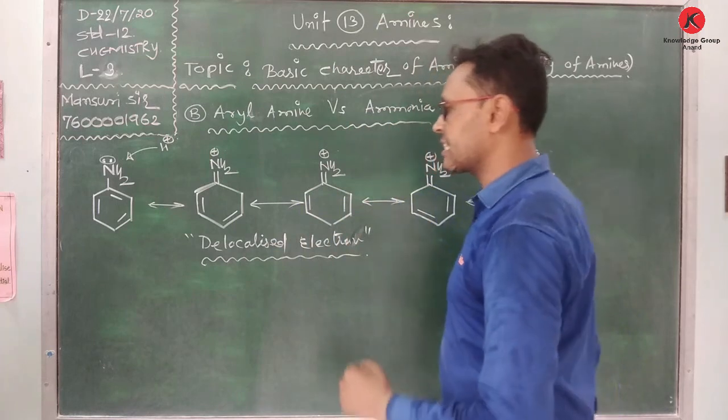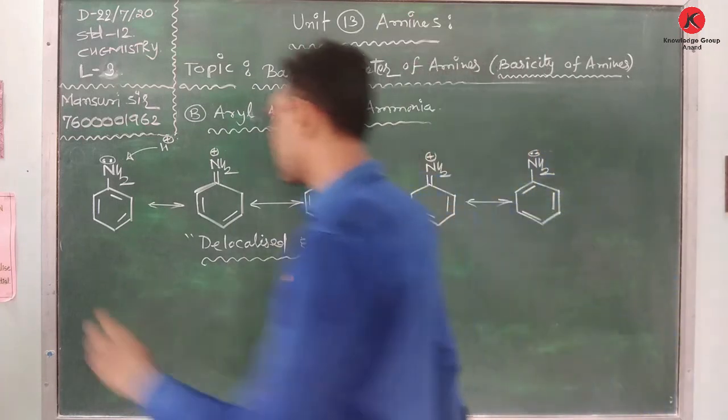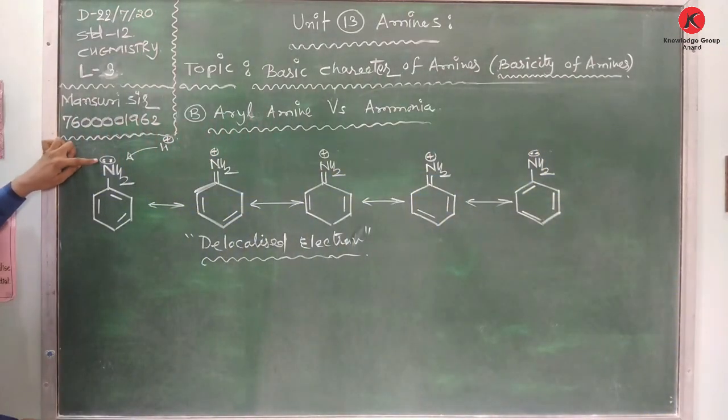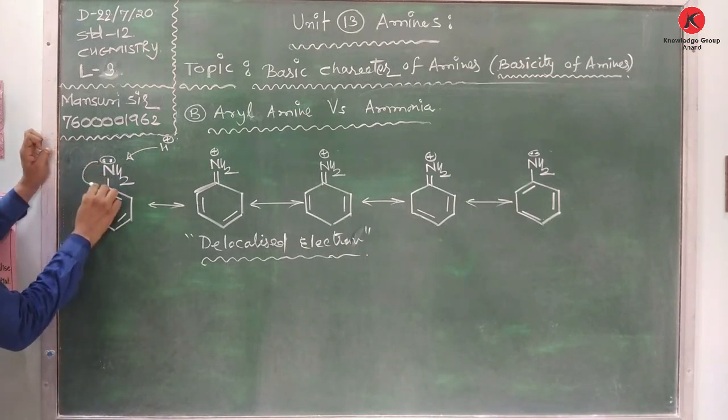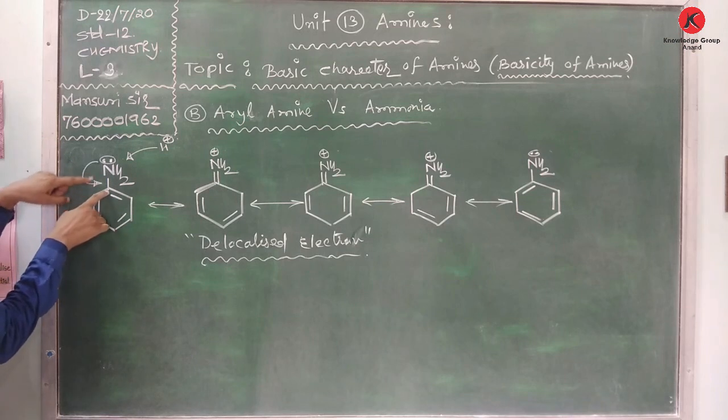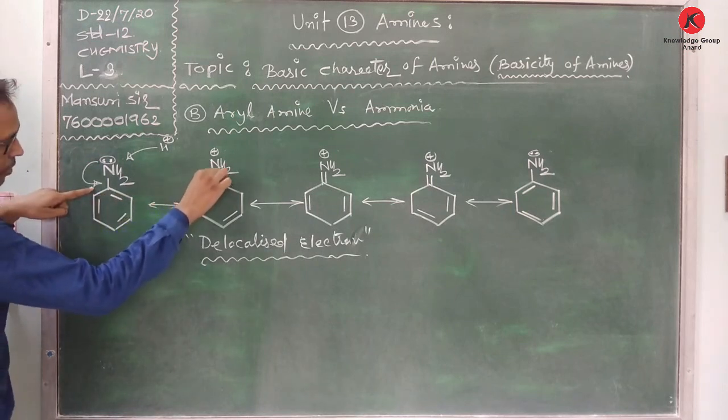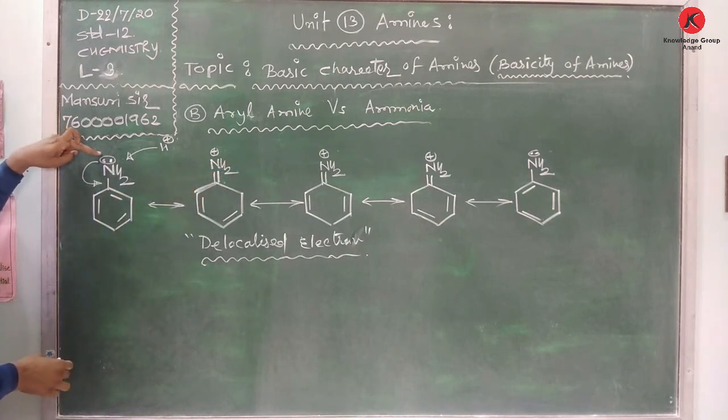Here we will discuss the resonating structures. First, this nitrogen has a lone pair of electrons, but at that time this electron goes toward this carbon and nitrogen. Between carbon and nitrogen, these two electrons go, that is why a double bond is formed and nitrogen becomes positive.